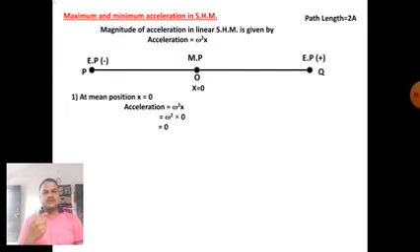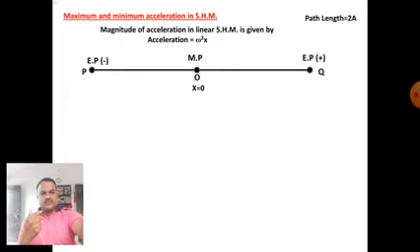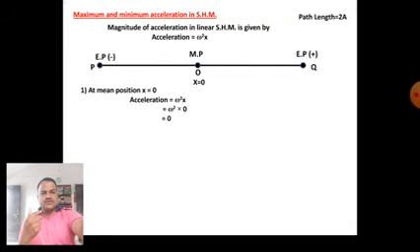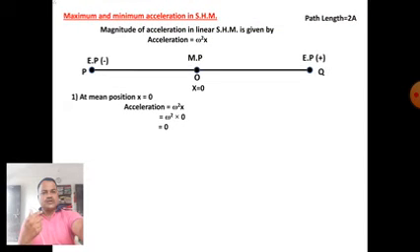Here the negative sign does not arise, because this formula is given in magnitude form. Putting x is equal to 0, acceleration is 0. So at mean position acceleration is 0.